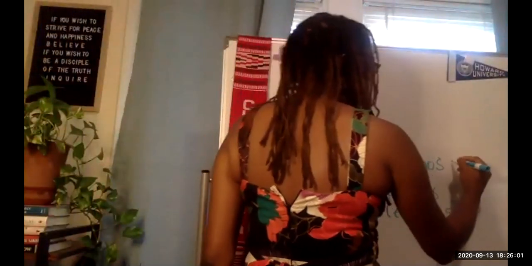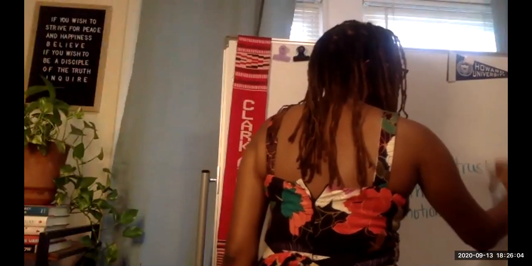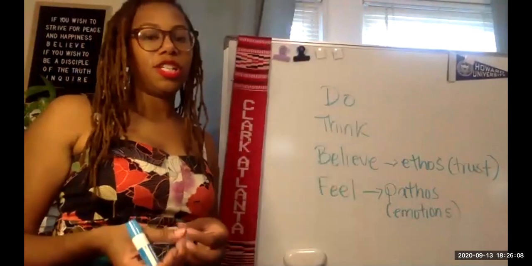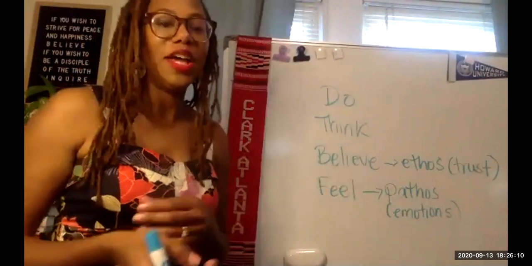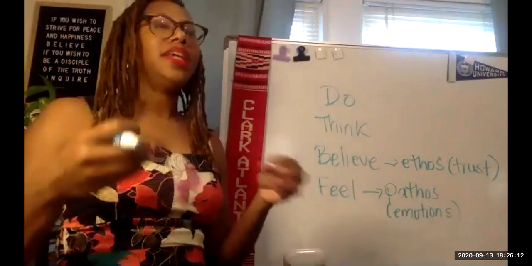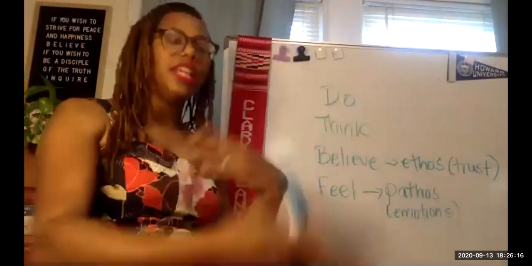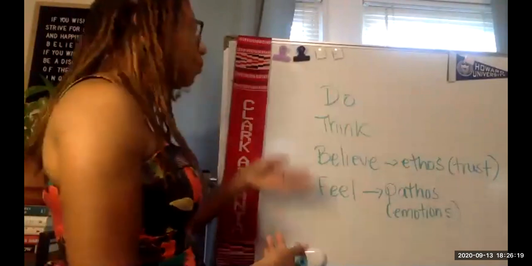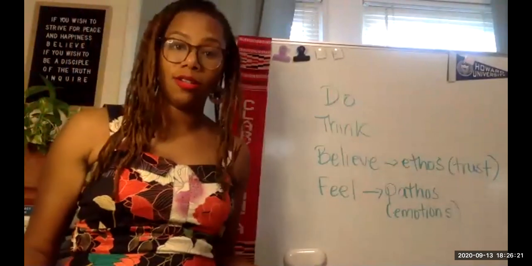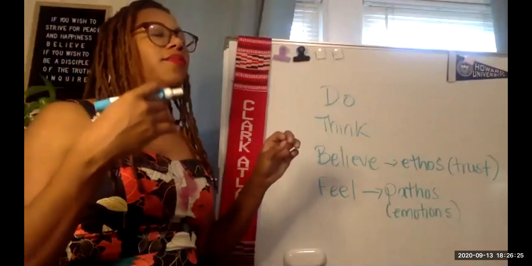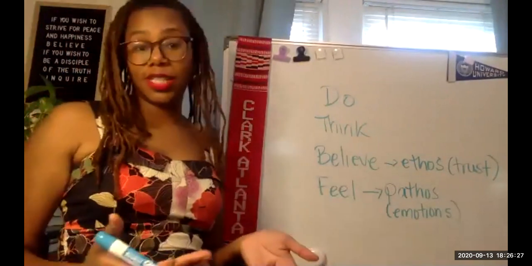Remember, ethos is all about building a sense of trust, right? So if I want you to believe something, usually it's believe me, right? Believe me as a person. I hope that you trust me, so then I can convince you to do, think, or feel something, okay? So does the speaker want his or her audience to believe something, okay?